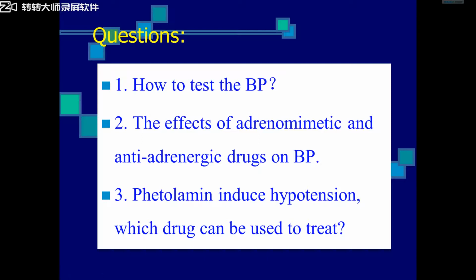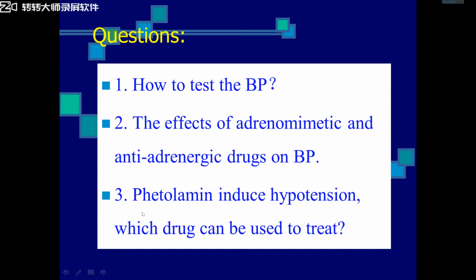Yes, we use this class. We used 2 hours to observe the blood pressure. You have known, at first insert the cannula and observe the blood pressure, give drugs one by one. The second question is the effects of adrenomimetic and anti-adrenergic drugs on blood pressure. Just now we did the lab, and we summarized the effects.